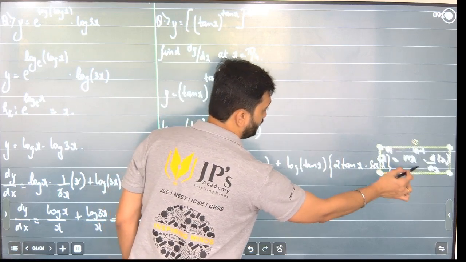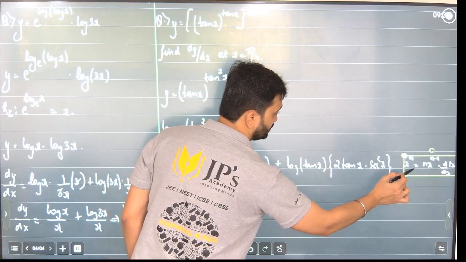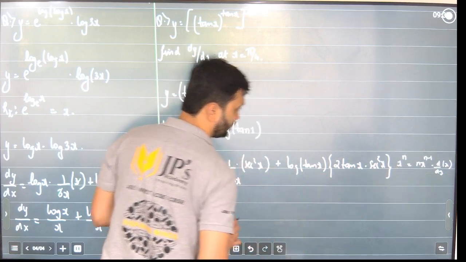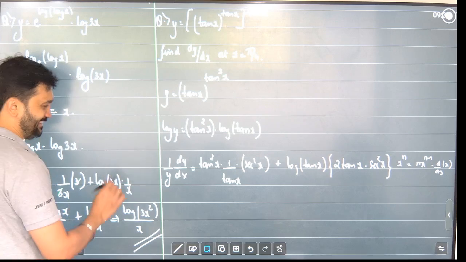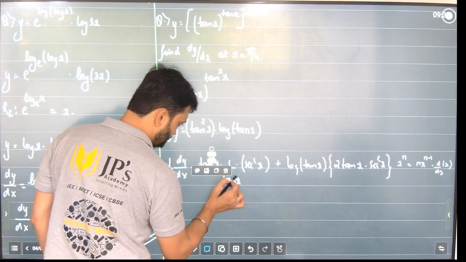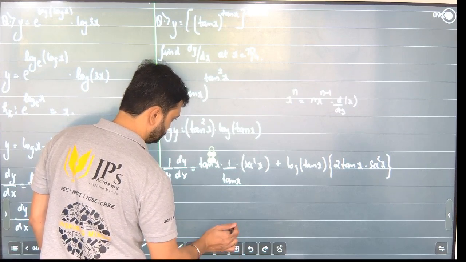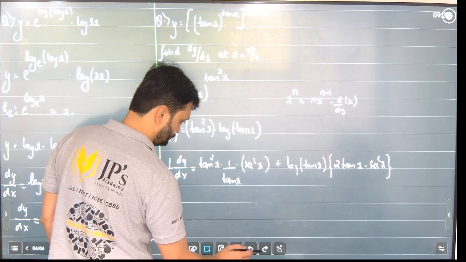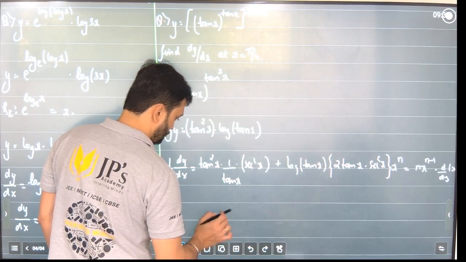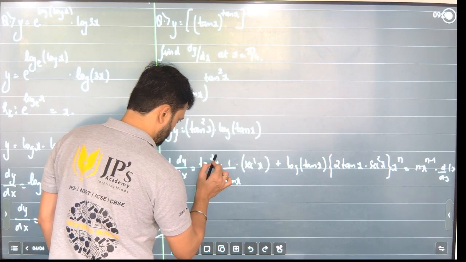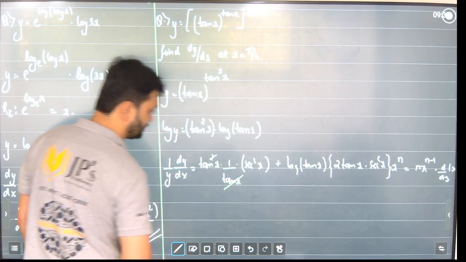So here you can write a remark. See, this is basically nothing but x raised to n. Now this gets cancelled, this gets cancelled.